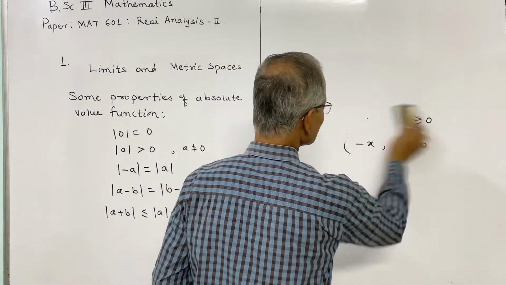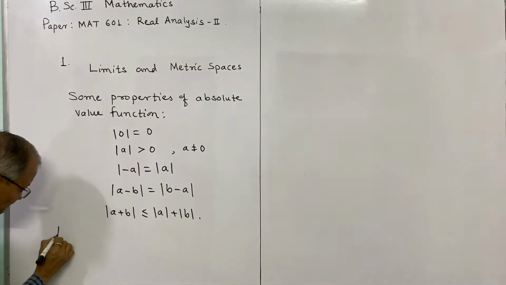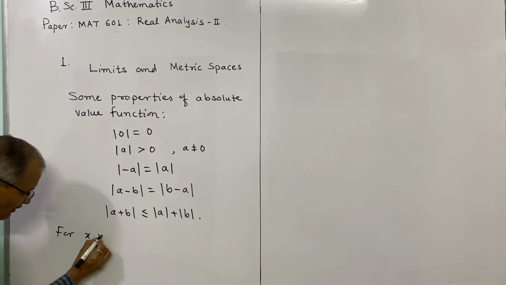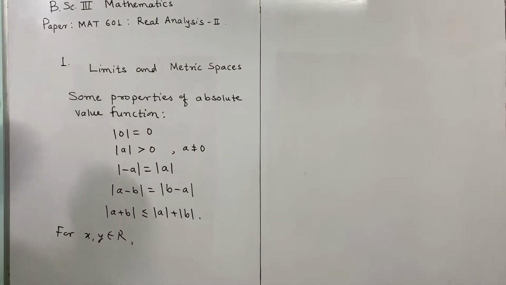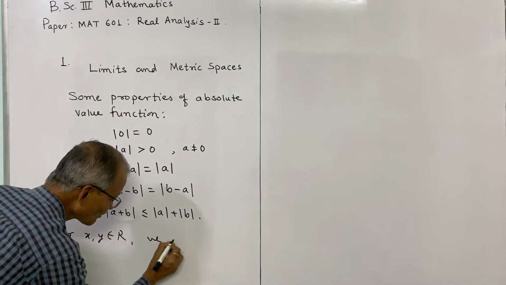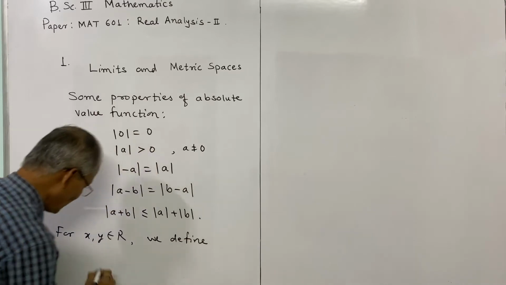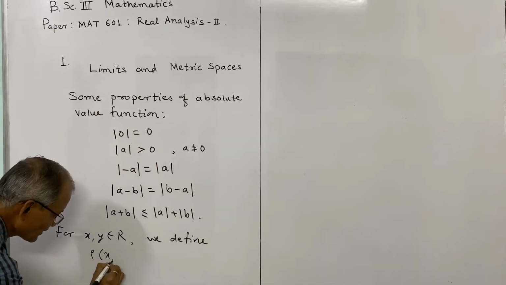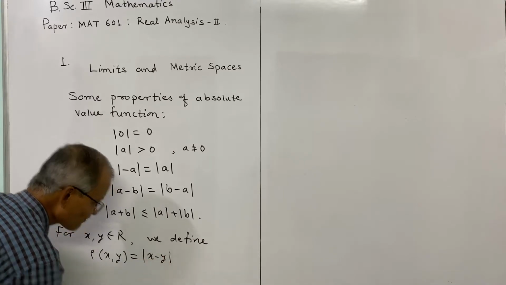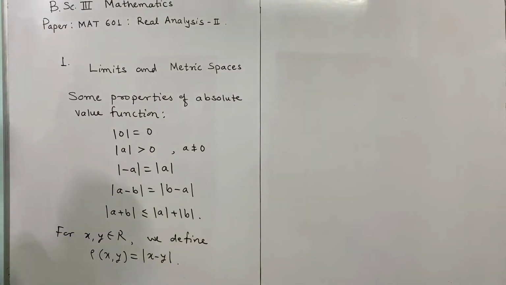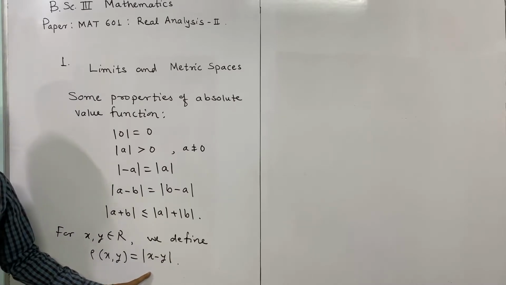Now what we shall consider is, for x and y, two real numbers, we define a function rho of x and y equal to the absolute value of x minus y. And what this means geometrically is the distance between x and y.